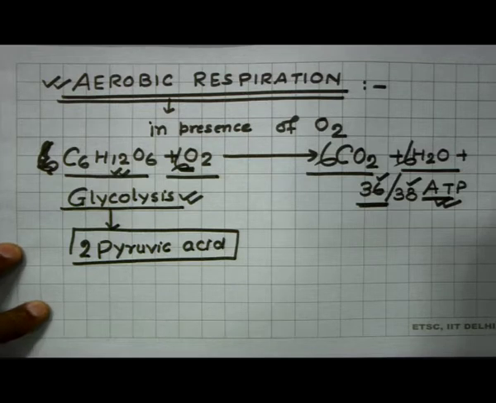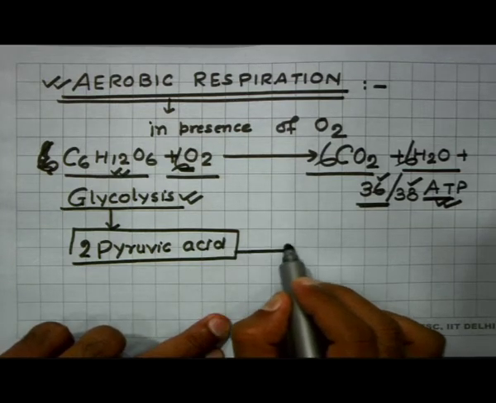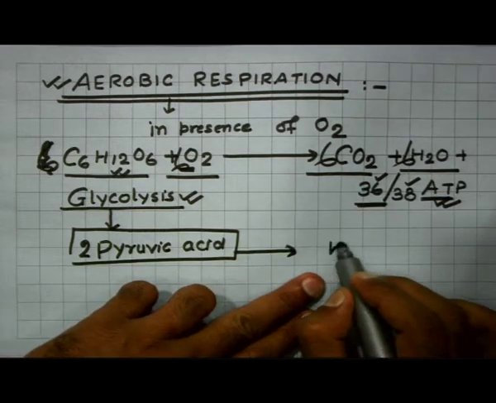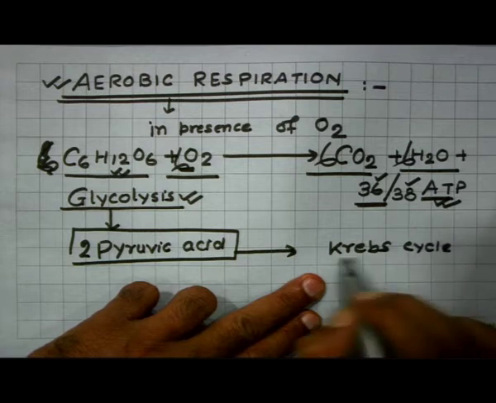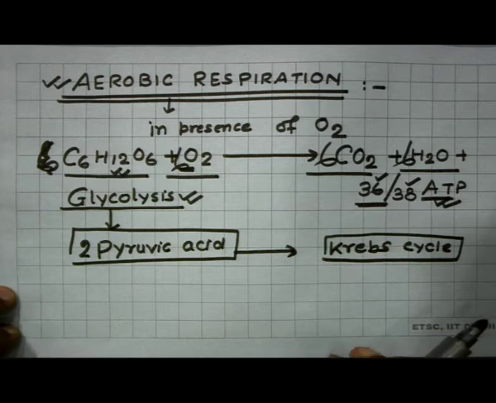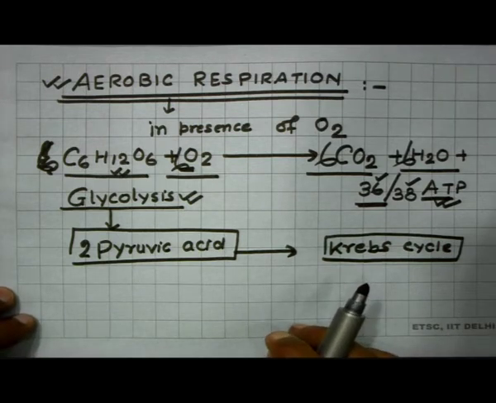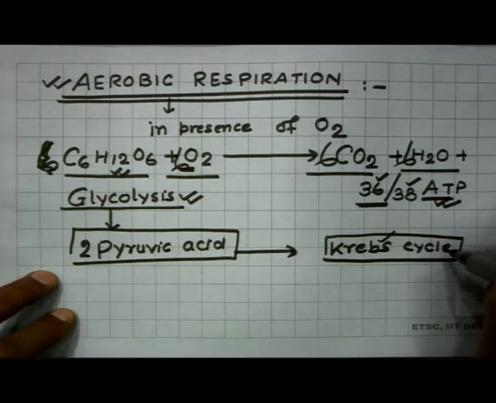Now, this pyruvic acid enters into the Krebs cycle. This Krebs cycle was discovered by the scientist Krebs, and as the name indicates, the cycle is called the Krebs cycle.